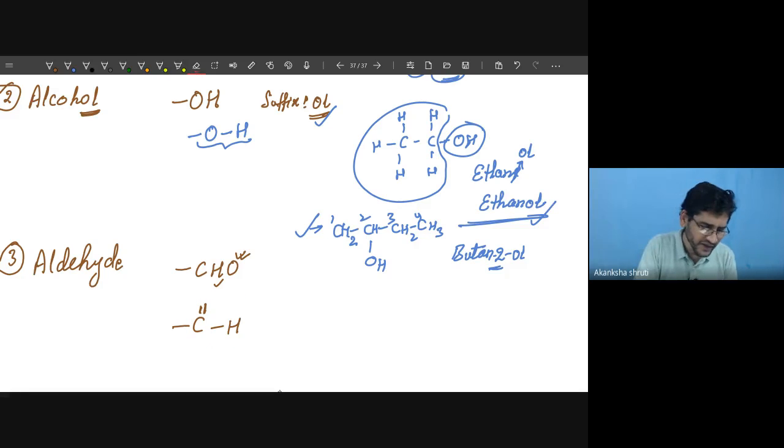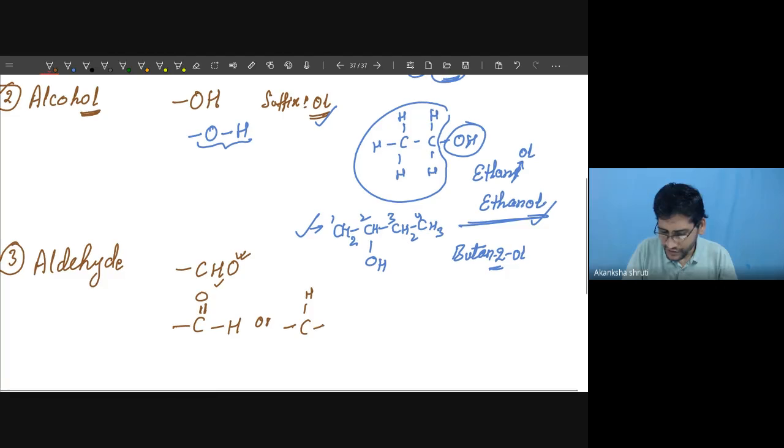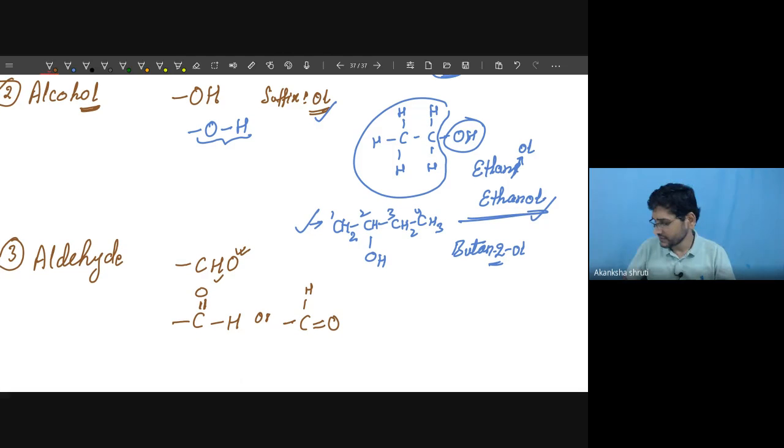Students, whether you draw this hydrogen horizontally or vertically, both mean the same thing. If you put the hydrogen at the other position, the oxygen will come here. Keep in mind, double bond always with the oxygen and single bond with the hydrogen.